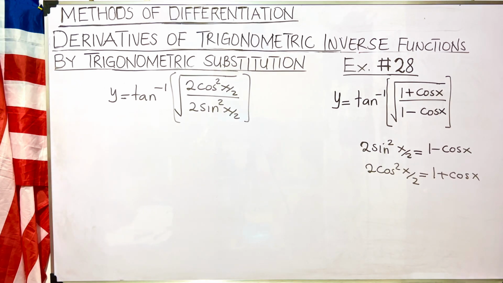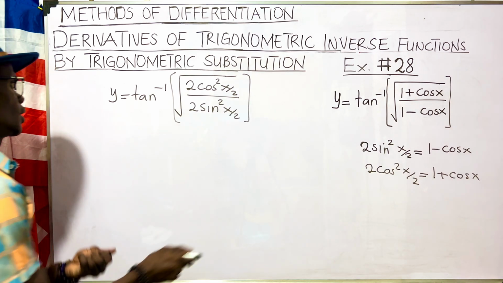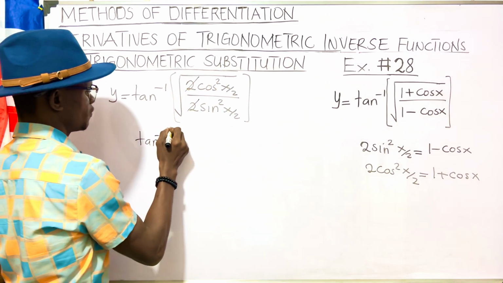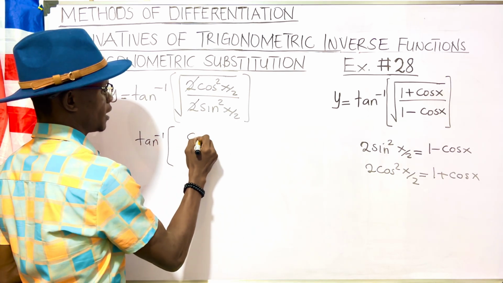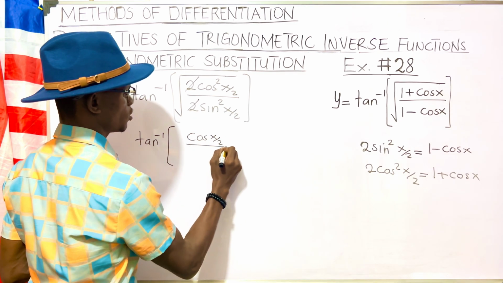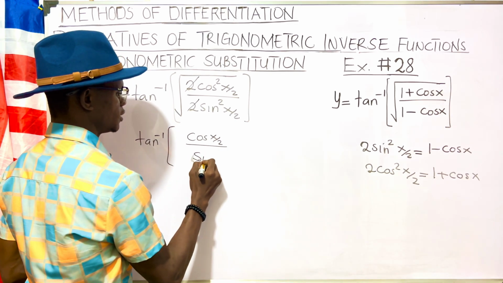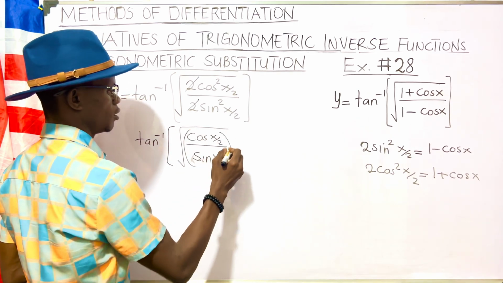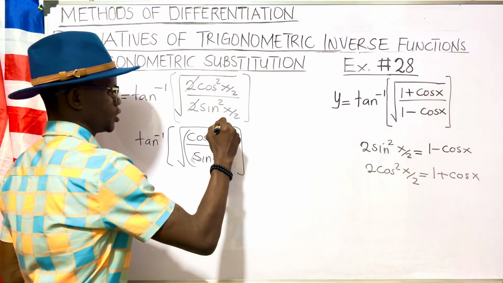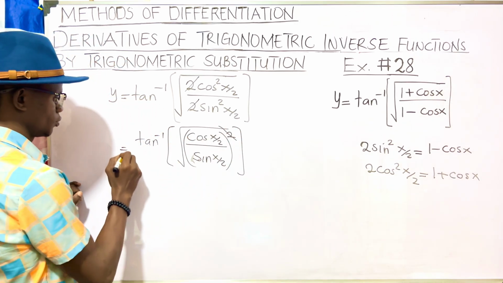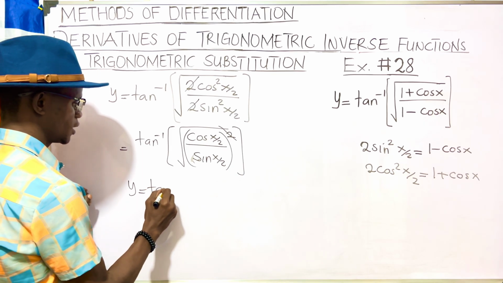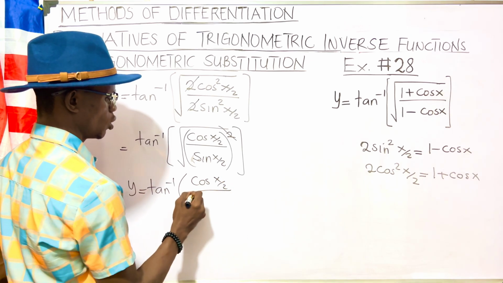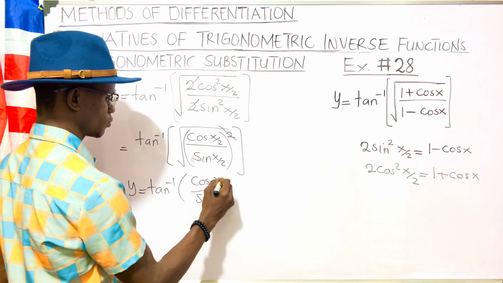If we simplify this expression, carry out these 2 first, then we have tangent inverse of, now both of them are squares, so we can just rewrite it as cos of x over 2 over sine of x over 2, all raised to the power 2. So these two can cancel the square root. So y equals tangent inverse of cos of x over 2 over sine of x over 2.